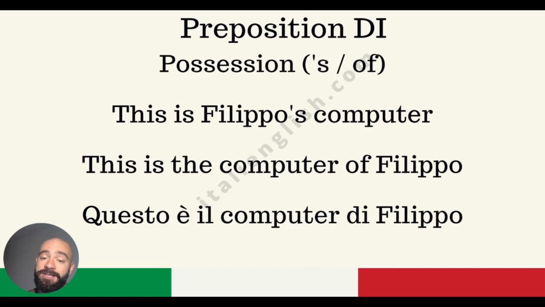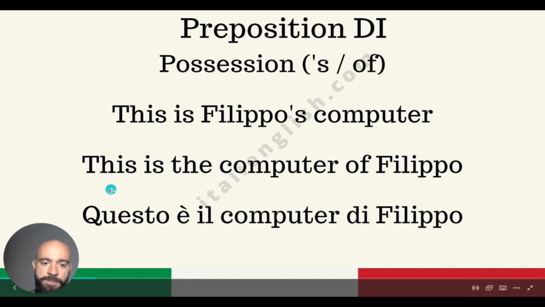Like I said in the introduction, preposition from in English is translated in different ways in Italian. But anyways, when it comes to preposition di, yes, we can sort of say that at least when it comes to possession, we can associate it to of and apostrophe s. This is Filippo's computer. This is the computer of Filippo. Okay, questo for the record is this.